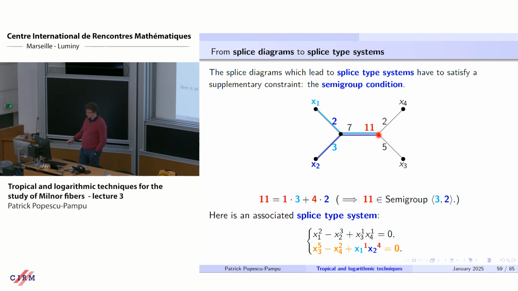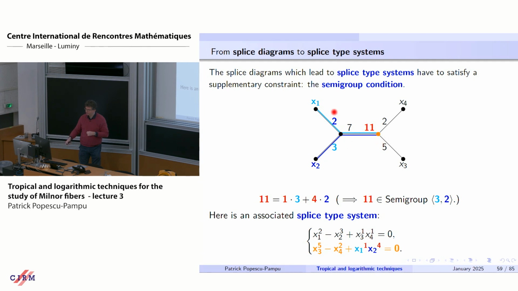What's the general rule? You take the geodesic which goes from the node to the variable x1. It can be much longer. And you look along this geodesic at the nearby weights, which get out of it as hairs. So here you have only one, which is this 3. If you had more, you should make the product of all of them, like in the edge determinant condition. So you get one number associated to this geodesic, and then we have another number associated to this one.